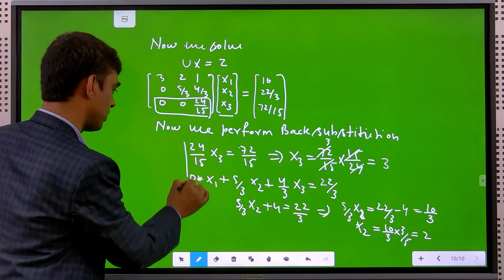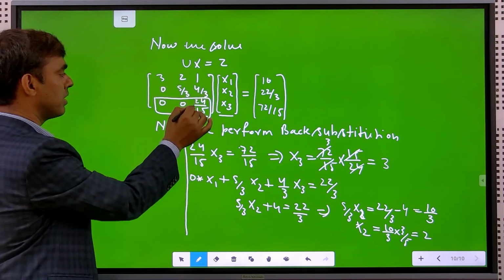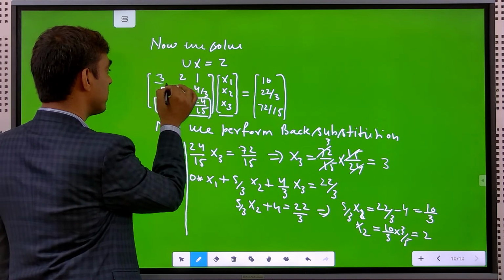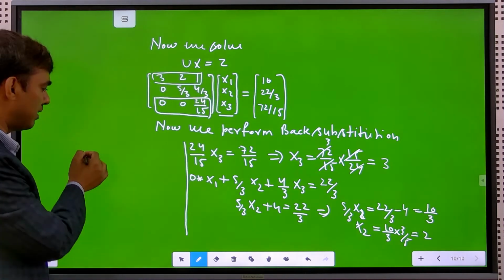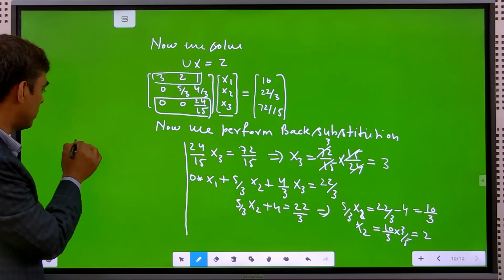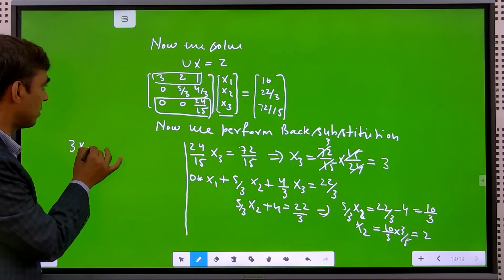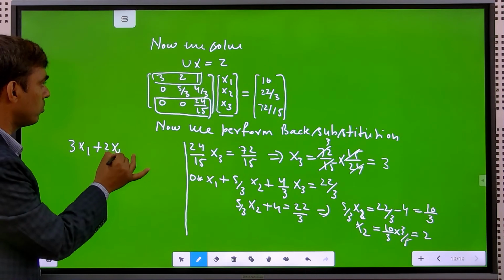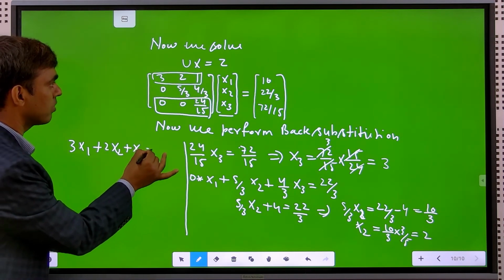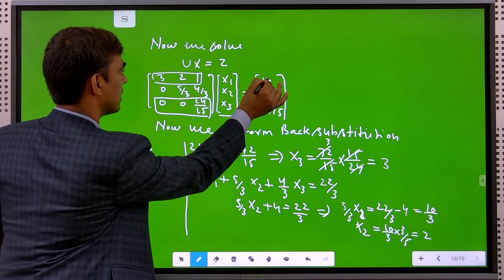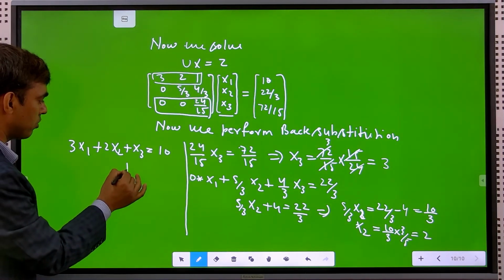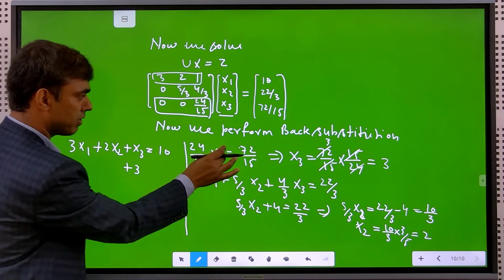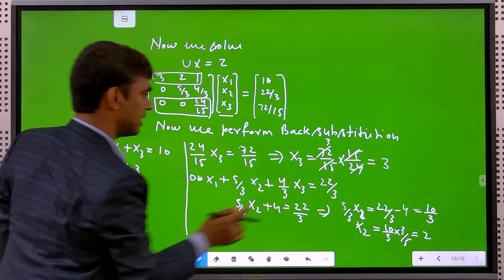Now we multiply the first row by the vector x, and here we write 3x1 plus 2x2 plus x3 equal to 10. We put the value of x3, which we already found in the first step. The value of x3 is 3.